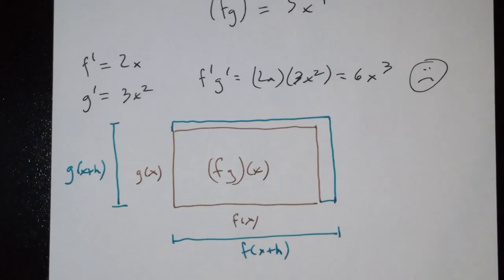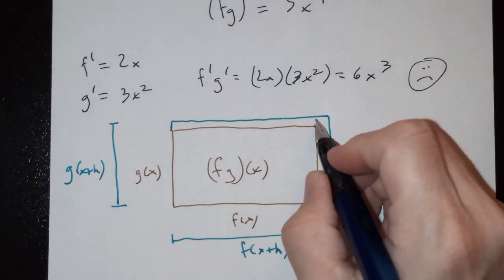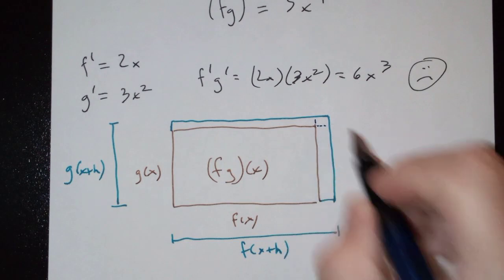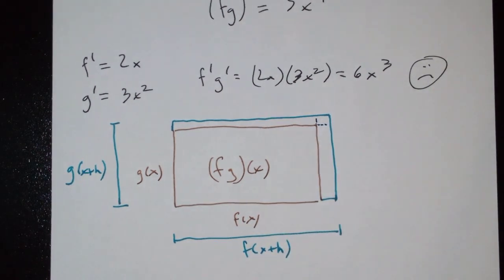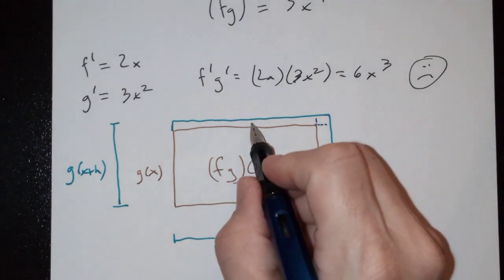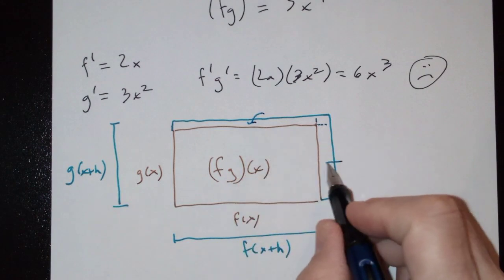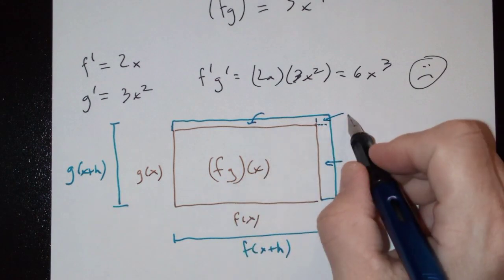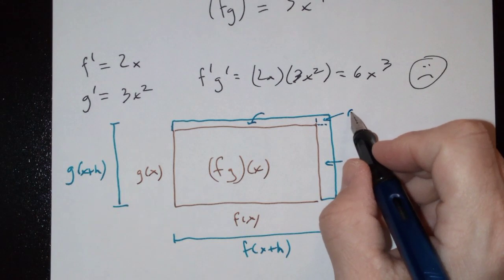I'm going to add two more little dotted lines here. Let's knock off that corner for a second, and let's look at these three different pieces. Because what I have here is a piece across the top, a piece across the right edge, and a piece in the corner.